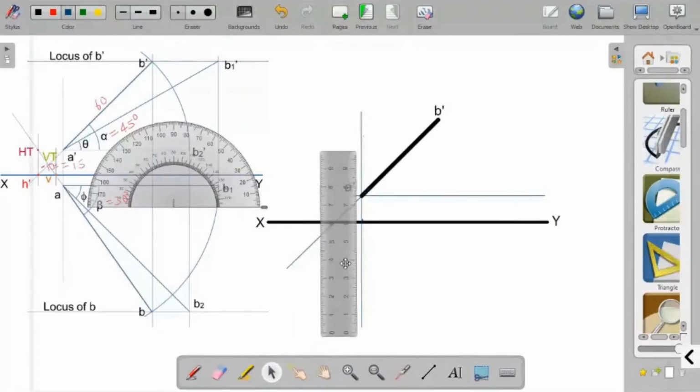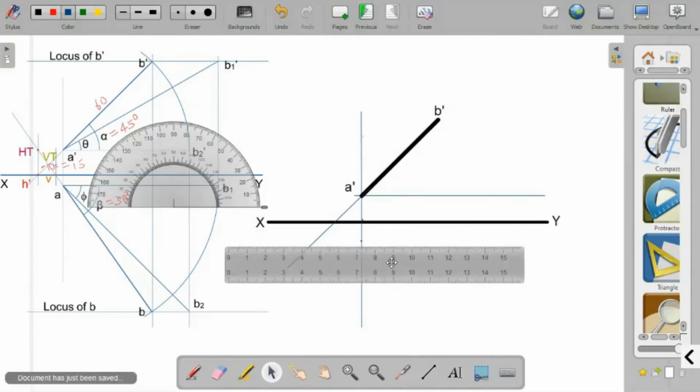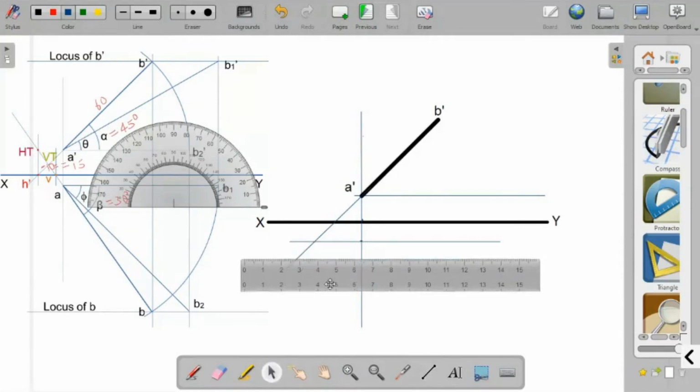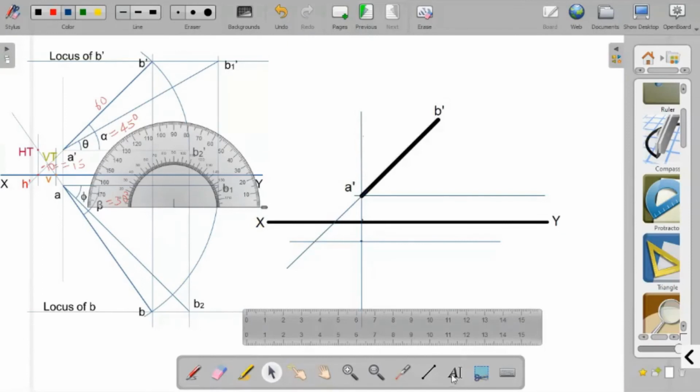So I am marking a 10 millimeter distance from here, and then draw the horizontal line. So this is the locus of VT, and point VT is obtained here.